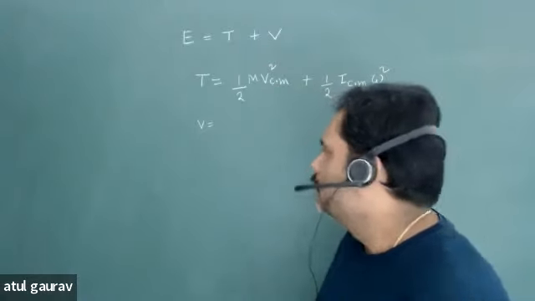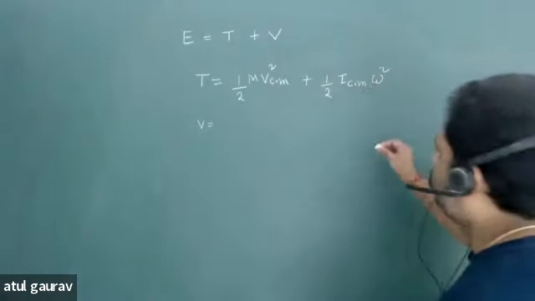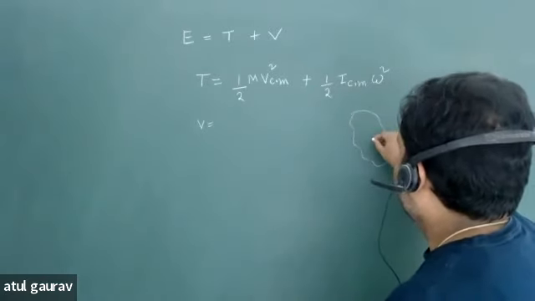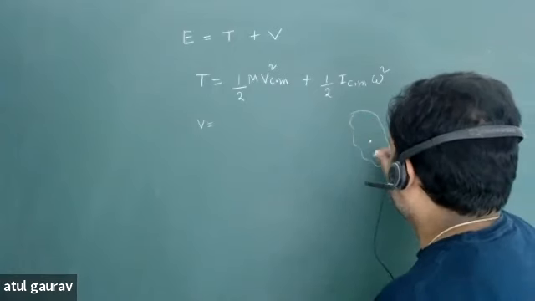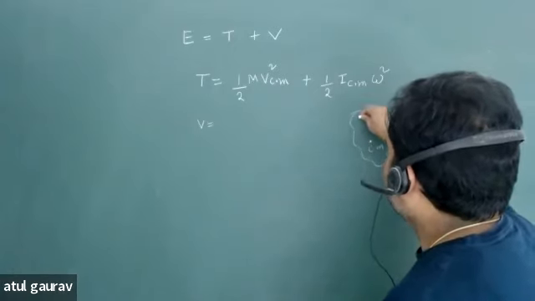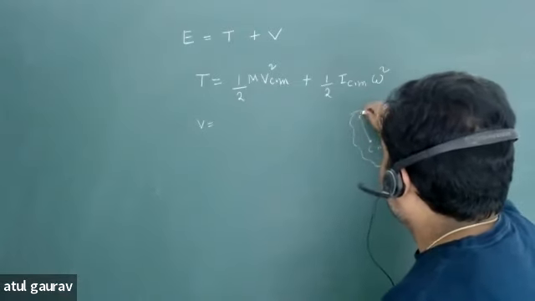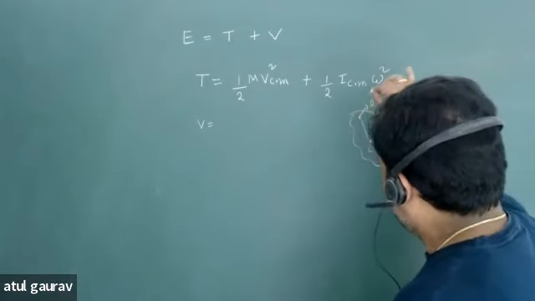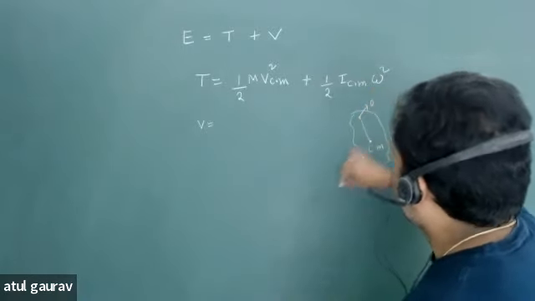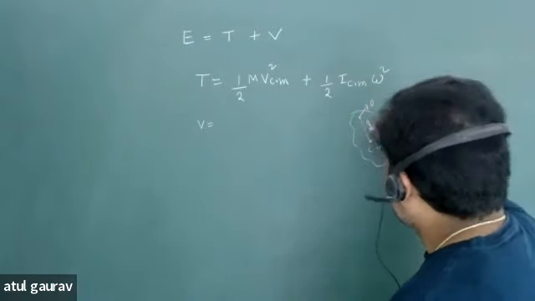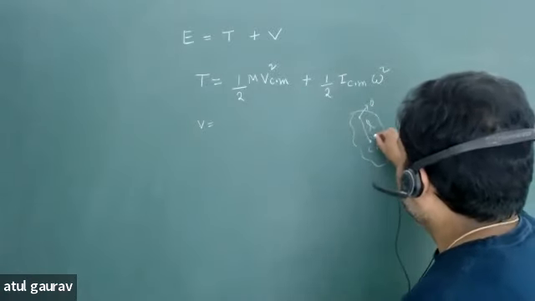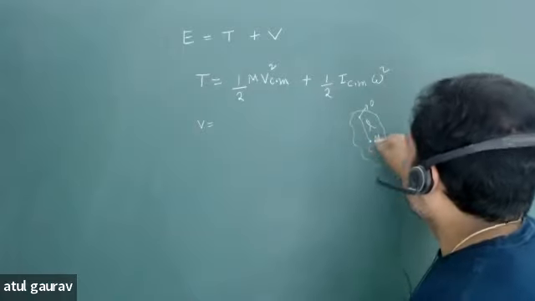So in general, I am trying to explain to you. Suppose this is your rigid body and this is the point of center of mass. Let's say this is the center of mass, and this is the point where the particle is pivoted, or your particle is rotated about this particular point, and let's say this is your length L. Then you have to just see how this mass is going to change.